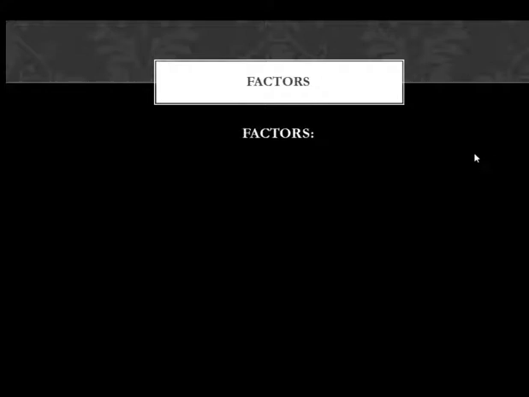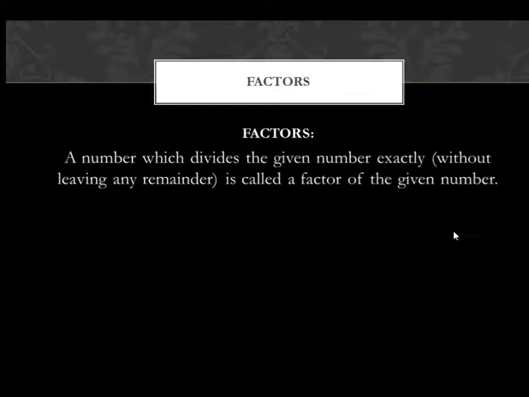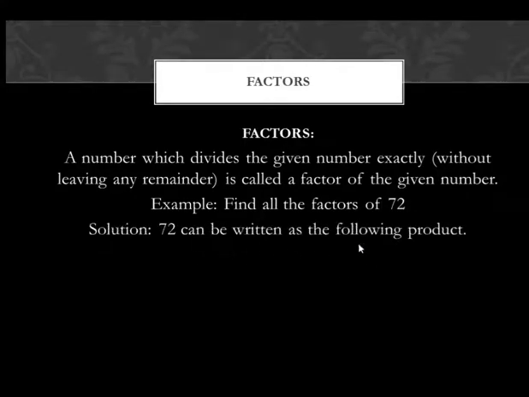So what are factors? A number which divides the given number exactly without leaving any remainder is called a factor of the given number. Example, to find all the factors of 72, 72 can be written as the following product.